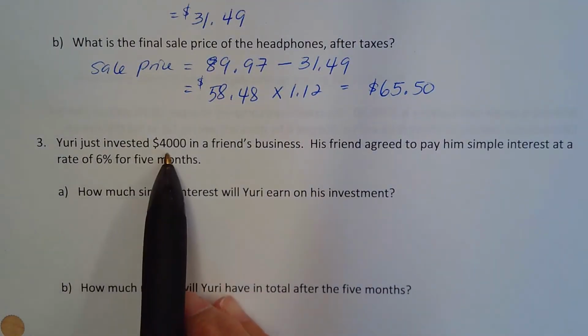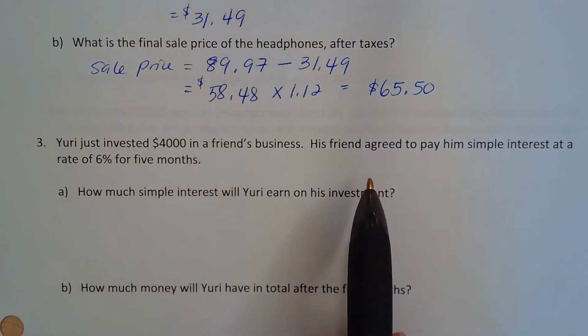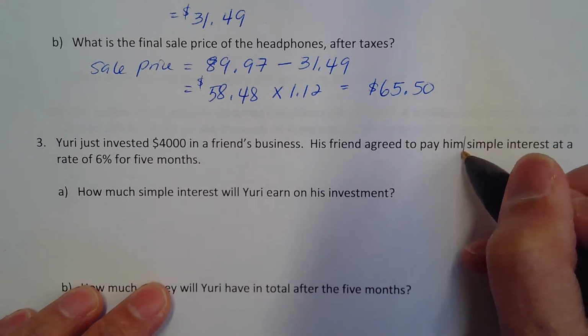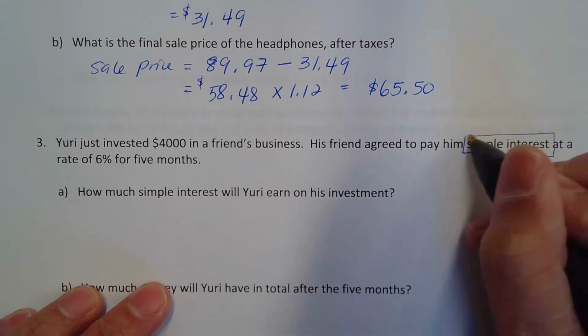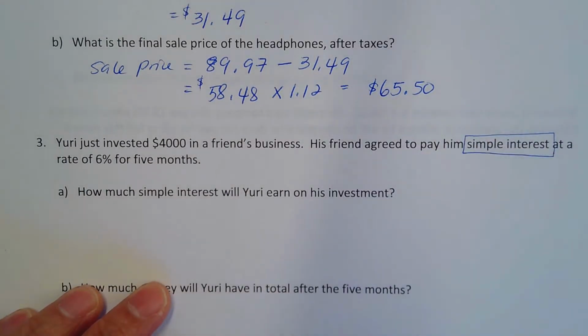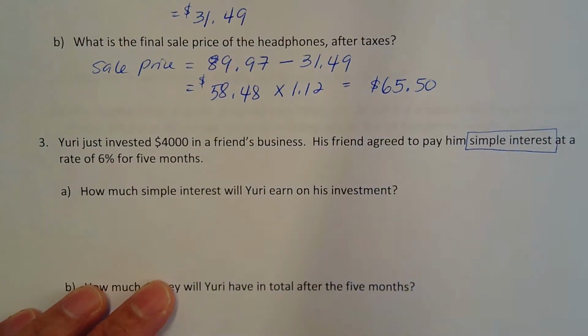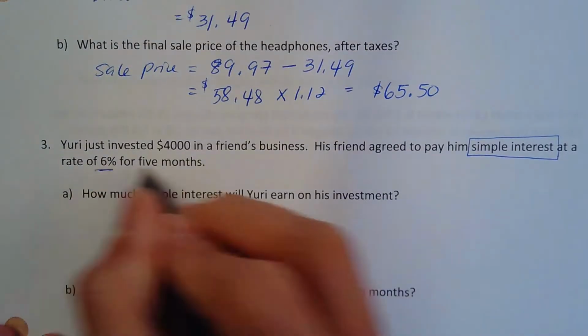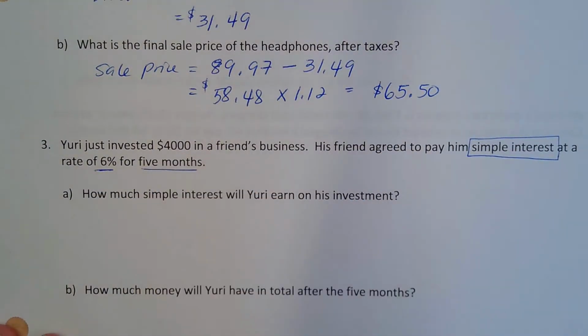Yuri invested $4,000 in a friend's business. His friend agreed to pay him a simple interest. Notice the words simple interest in here. So it kind of gives you a clue on what type of question it is, what formula you're going to be working on. So it says here simple interest of 6% for 5 months.